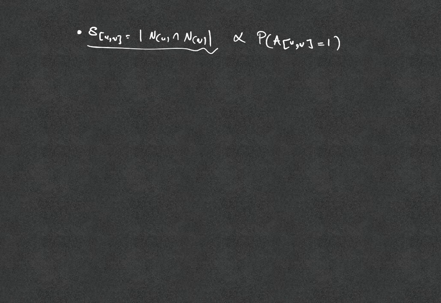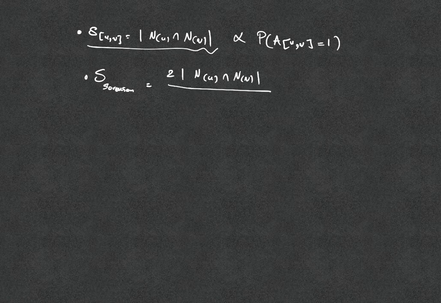Then we talked about the fact that this version is not very normalized, so there were other alternatives. The first one was the Sorensen measure of similarity, which is 2 times the cardinality of the intersection of the neighborhoods of u and v, divided by the sum of their degrees.